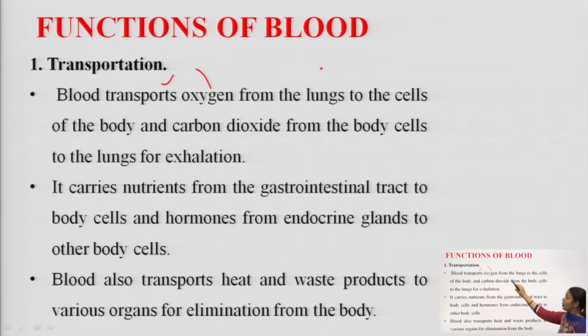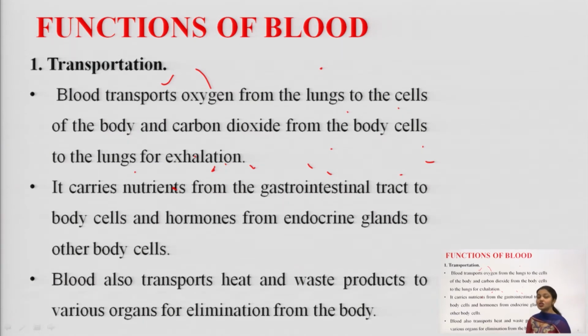Blood transports oxygen from the lungs to the cells of the body and carbon dioxide from the body cells to the lungs for exhalation. You know very well that blood is the only means of transport in your body which can transport oxygen and carbon dioxide.